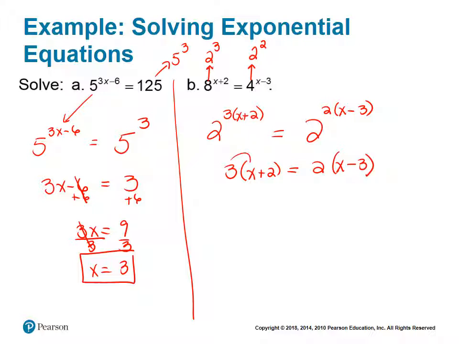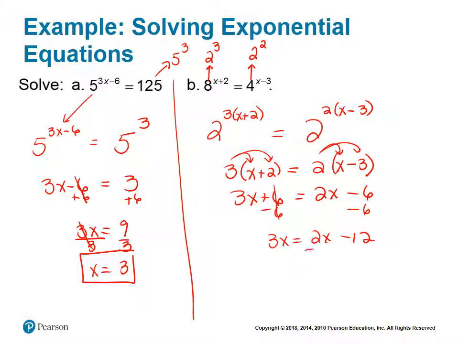I'll solve by using the distributive property, and I get 3x plus 6 and 2x minus 6. I can now subtract 6 on both sides of this equation, and I can go back and subtract 2x on both sides. So x would equal negative 12.